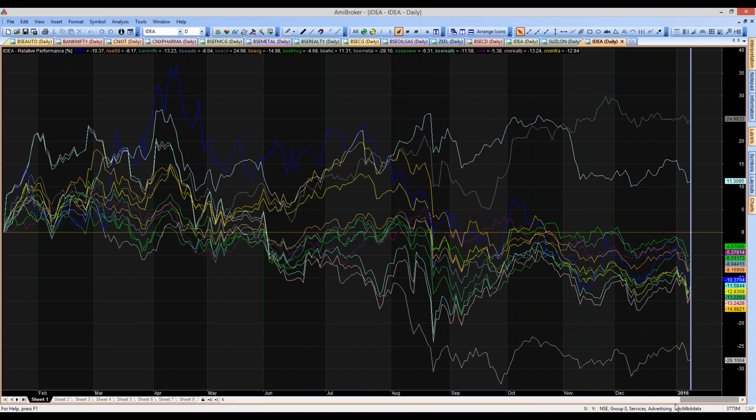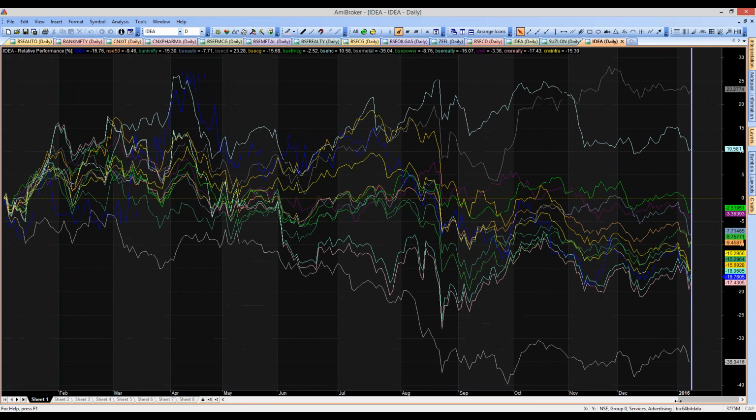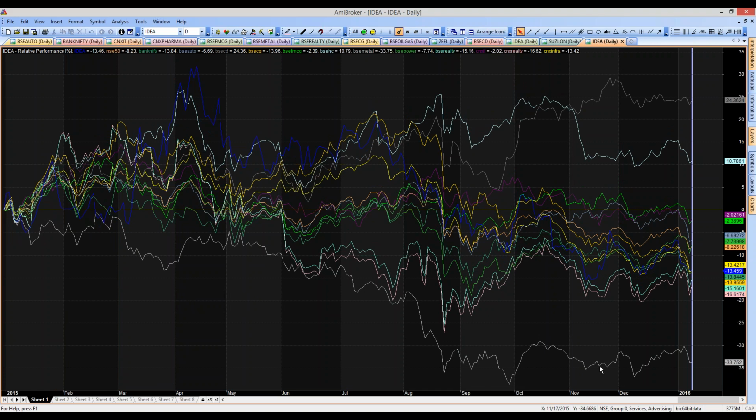Okay, then from 1st of Jan 2015, you can see that right at the bottom is the metal pack, and that's done minus 33%, and that's really bad. Having said that, please note that the metal pack seems to have, in quotes, bottomed out, maybe a double bottom of some sort, and it could be starting to build a base.